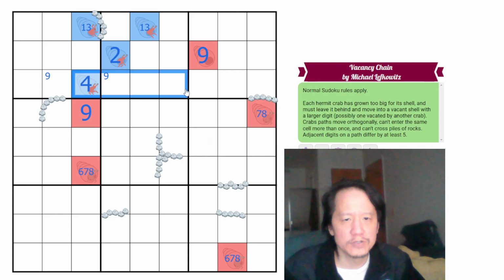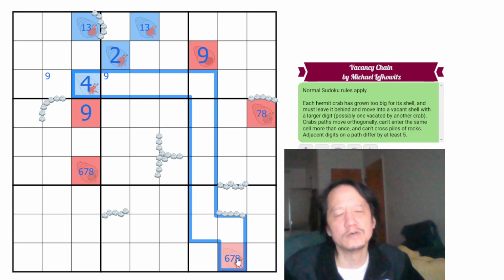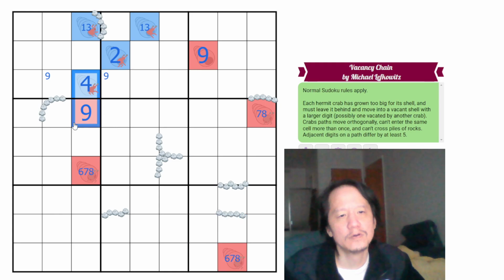What about if it goes here? If it goes here, the problem is, yeah, it still blocks then. I guess it could go something around, maybe?